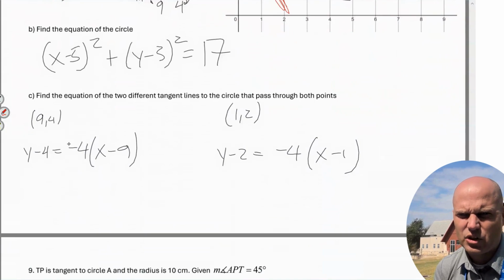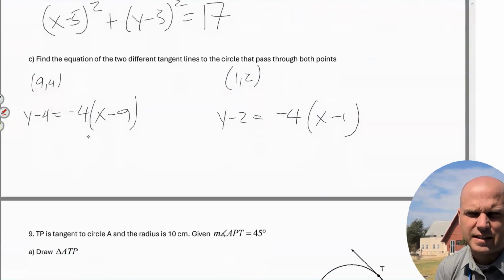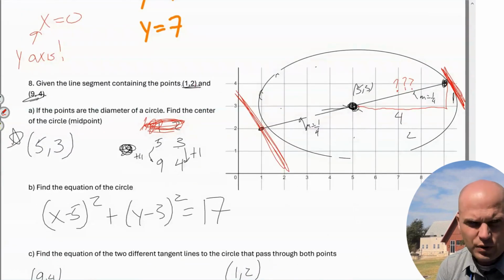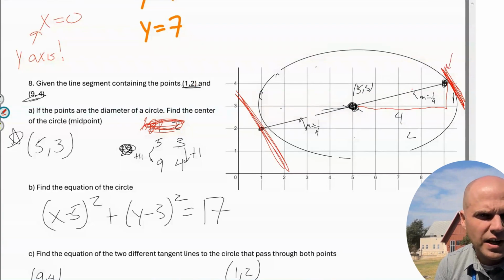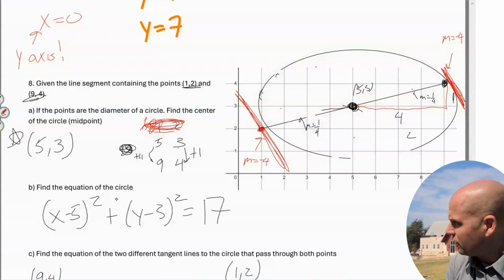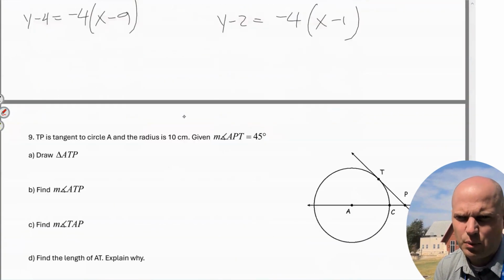So that means the slope of the tangent line has to be -4. Since this is 1/4, the slope of this has to be -4. Since this is 1/4, the slope of this has to be -4. And then we use point slope form, which some of you still are not embracing.